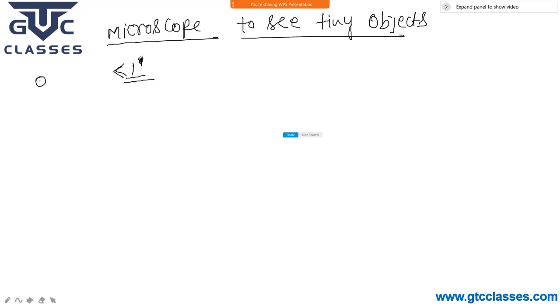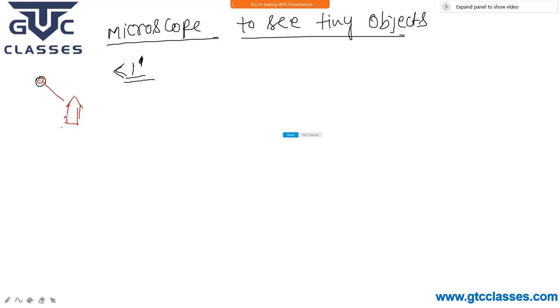So our eye cannot detect that there are two differentiated. So what do we do? We actually magnify this entire zone. Further we magnify. Let's say after magnifying, we are seeing something like this. Okay. Now we can clearly identify because the angle made by each one of them is more than 1 minute.